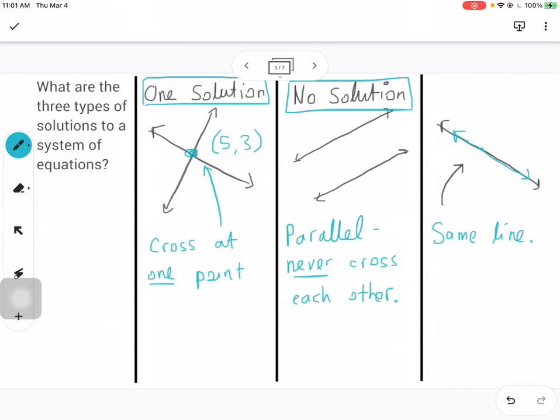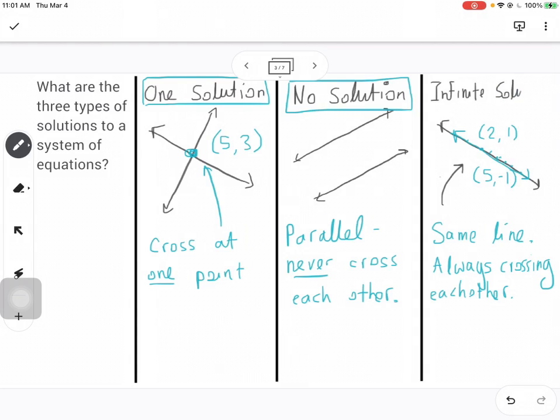They touch each other then at an infinite number of points. They're always crossing each other. Because they're the same line and they're always crossing each other, and they have many, many points, many, many solutions, we say that these have infinite solutions.